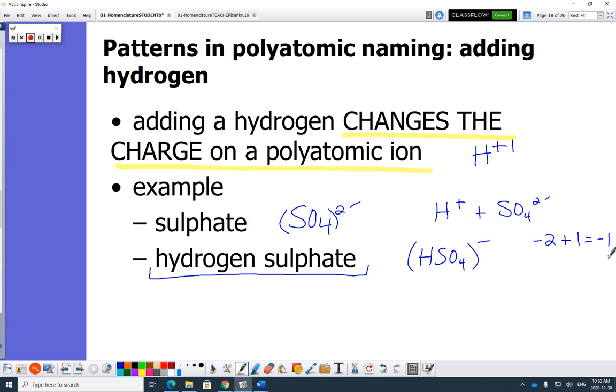So, hydrogen carbonate is actually commonly called bicarbonate. So it's a very, very common ion that has hydrogen attached. So this gives you a clue. If you look at carbonate, its charge is -2. When you look at hydrogen carbonate, its charge is -1. So if you forget this, the back of the periodic table will help you, okay?